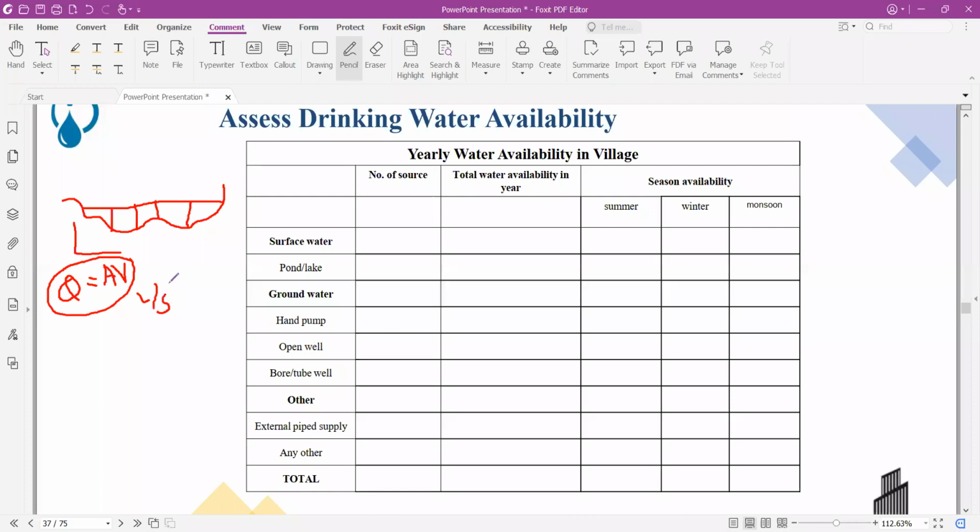Then we can convert it into liters per day, and ultimately for a year by multiplying with 365 days. So total availability for surface water can be determined in such a way. The availability of water can also be determined for summer, winter and monsoon, because the water varies through seasons.